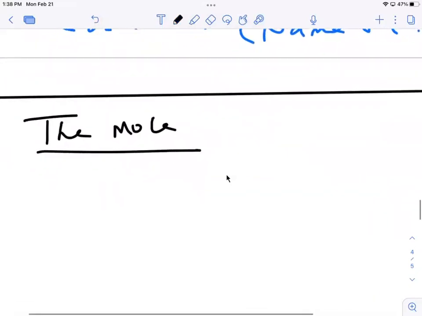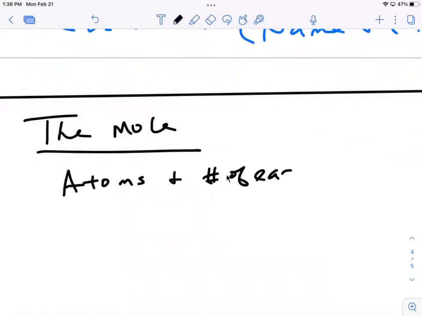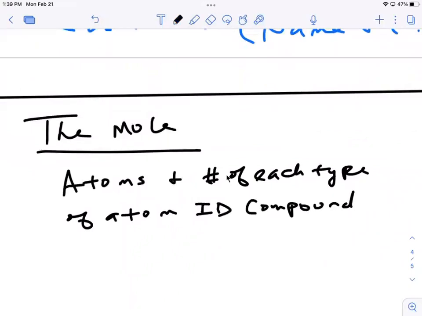So when you have a particular compound and you want to identify it, what identifies any compound, there are two key factors: the atoms and the number of each type of atoms. Those two things identify any given compound, or any substance.